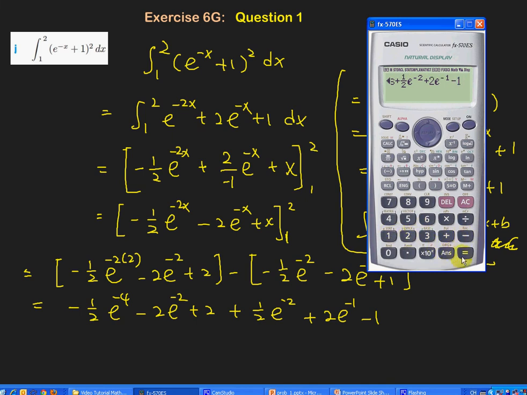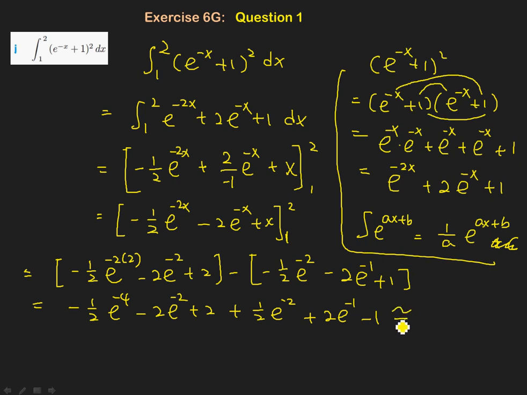So if I have been careful, I'll get 1.5235, which means it is roughly 1.5235, or to 3 decimal places, 1.524. That would be the approximation to this. And moving on to another question.